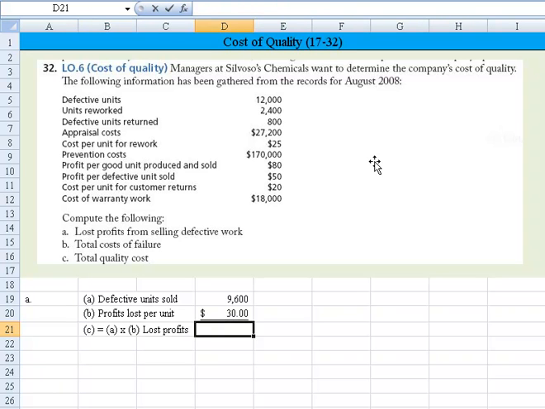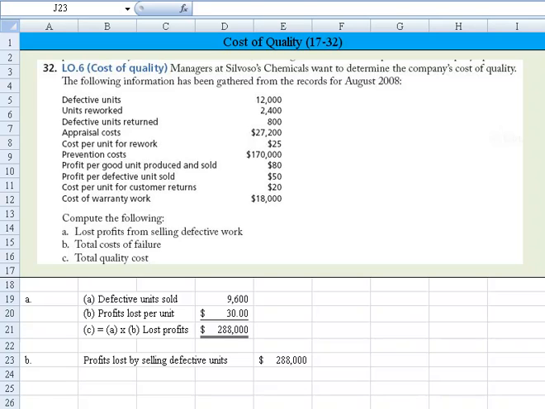Okay? And if I multiply that across 9,600 units times $30, I come up with the profits lost by selling defective units. Okay? And that's the answer to part A.